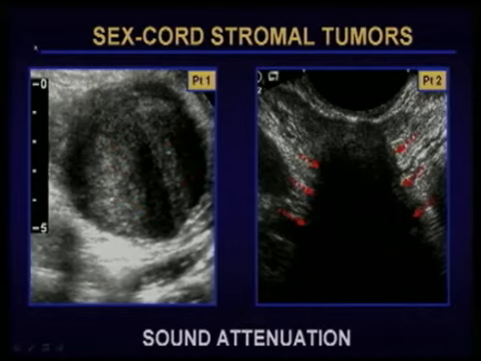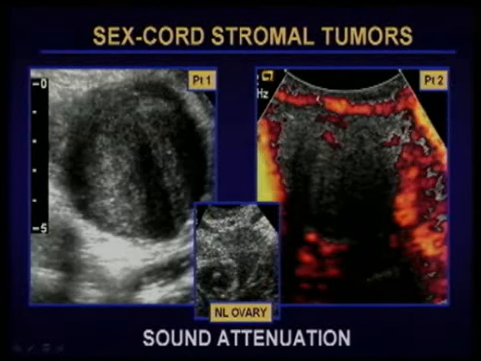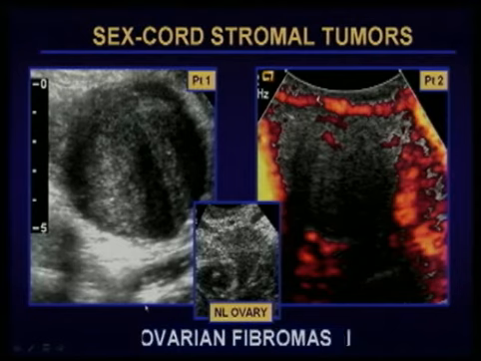So if you ever see a mass that has some shadowing, that this is not what a dermoid looks like, it's coming from the solid component of the tumor, think of ovarian fibrothecoma. And here we show you in contrast a normal ovary with its normal shape. Ovarian masses tend to be round as opposed to normal ovaries, which tend to be elliptical.